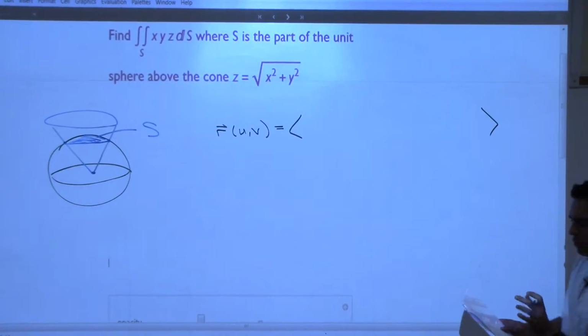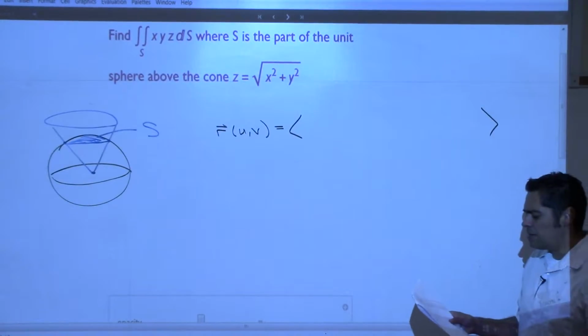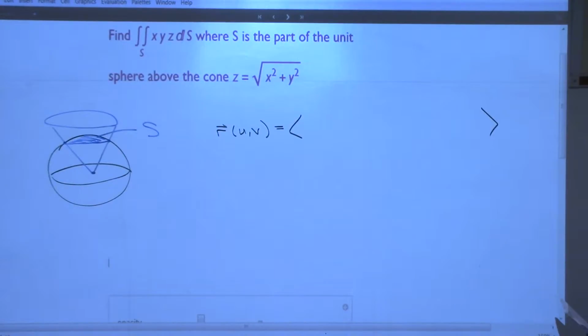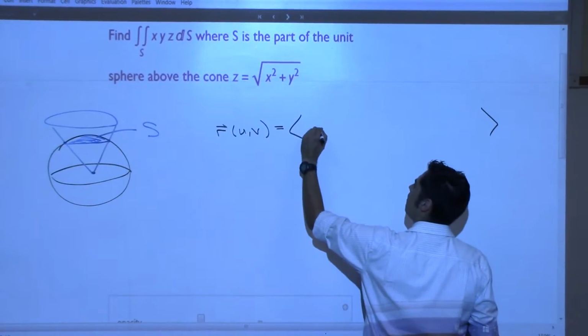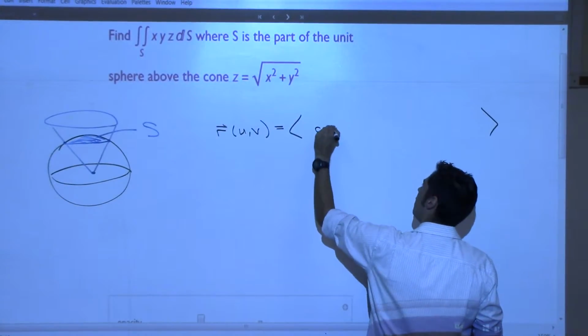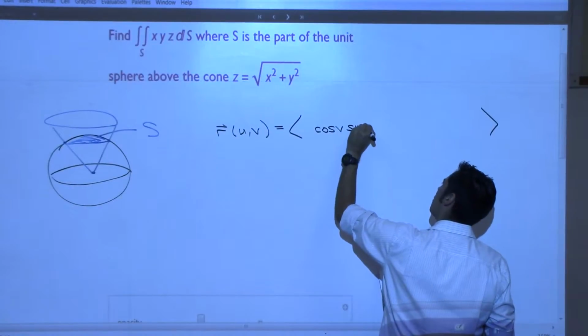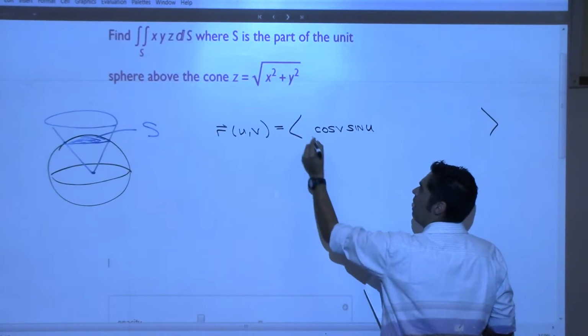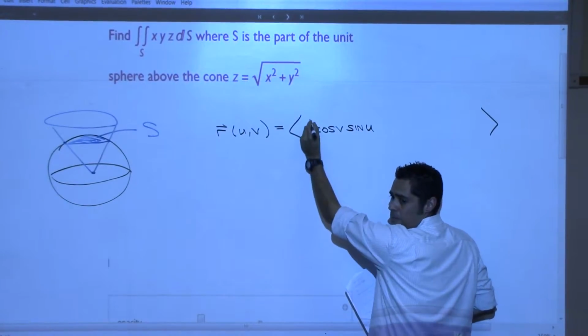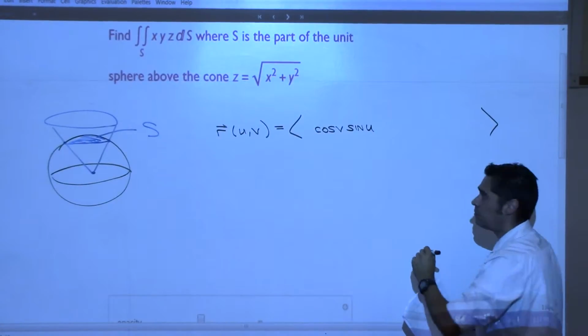I've used two different formulas. I did one on my paper and one in class. So I want to stick with what we used last time. Did I say cosine u sine v, or did I say cosine v sine u? Cosine v sine u is what I used in class, right? Now, I actually have a 1 out here, right? Because it's a unit sphere.